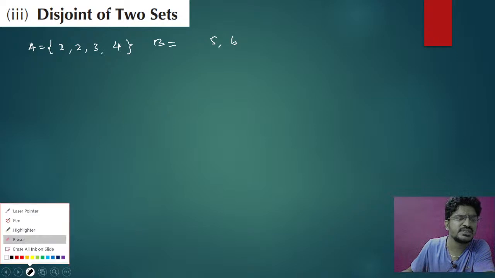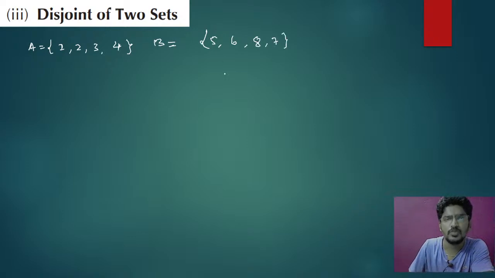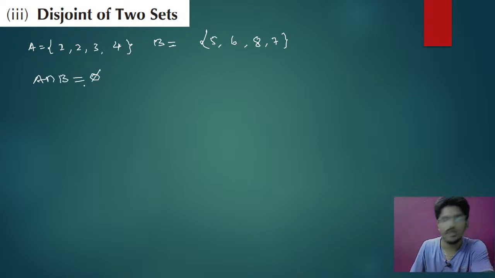You can write like this. No problem. Okay. So now you just see here A intersection B is equal to empty.